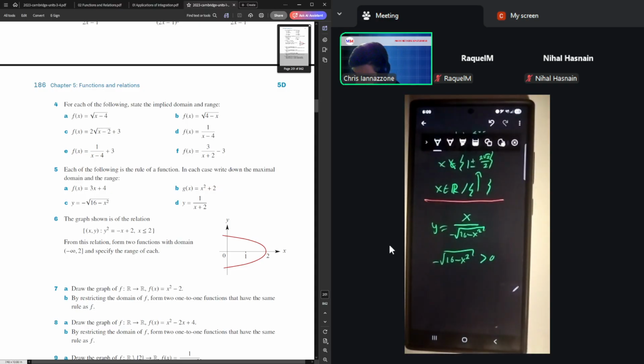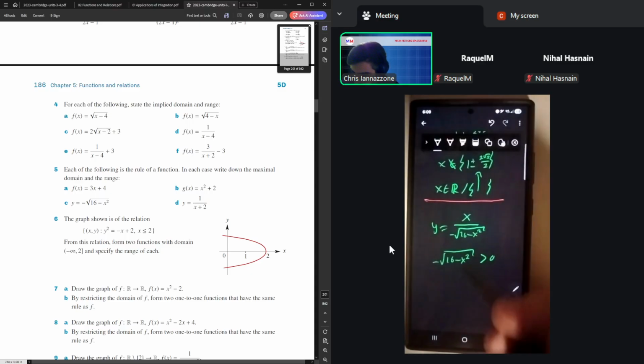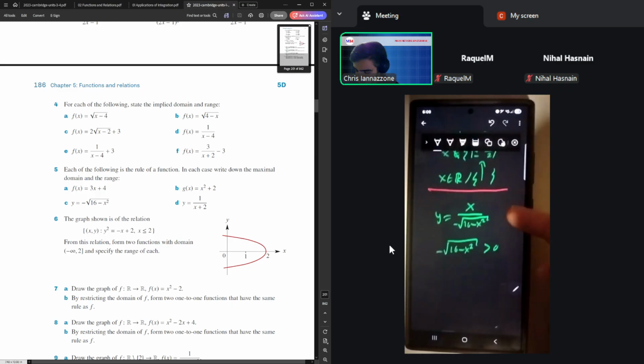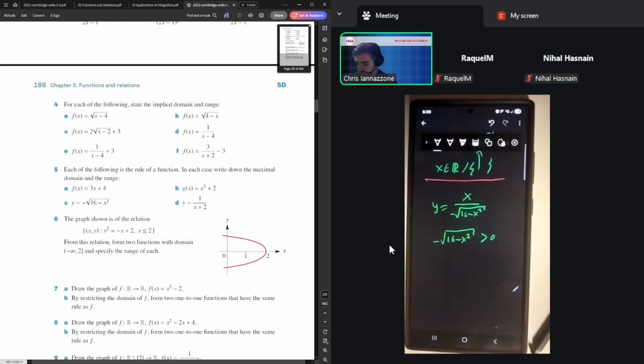Now, this one's going to be a bit more of a challenge because this is not naturally a kind of graph we sketch. I believe it's a type of semicircle. So, how might we try and do this kind of graph? Or this kind of inequality, rather.